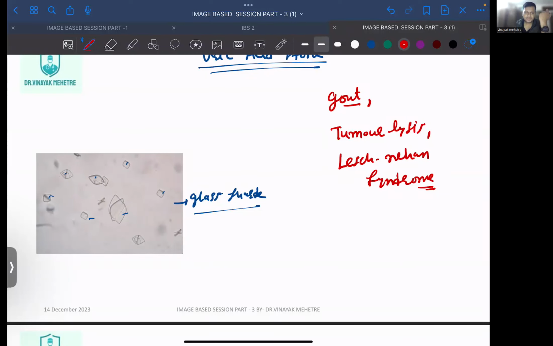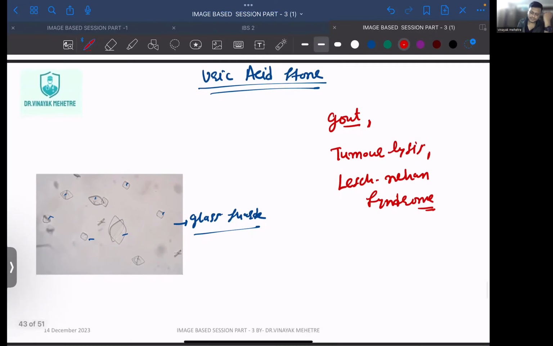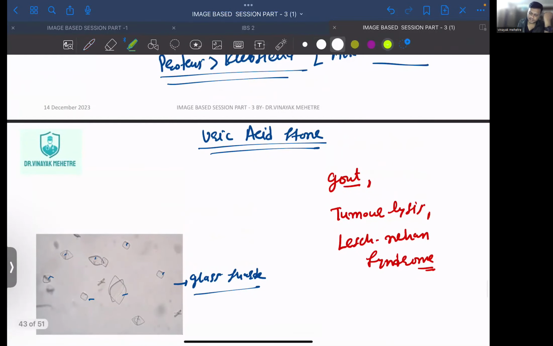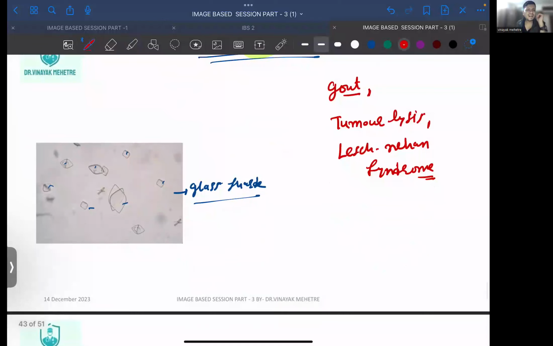Now tell me, what will be the treatment for this? Medical management क्या होंगे? Patient is going to have acidic urine, right? So what can we do? We can make urine alkaline. How can we make urine alkaline? गाउट में देते क्या है? आलू एंड पूरी, right?